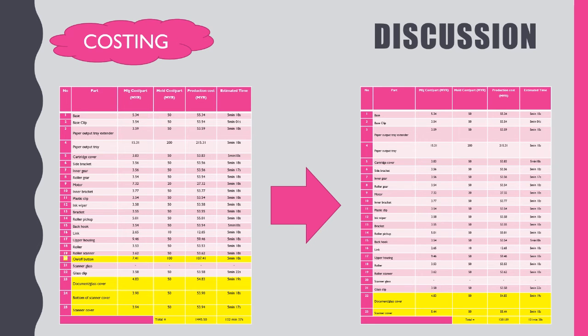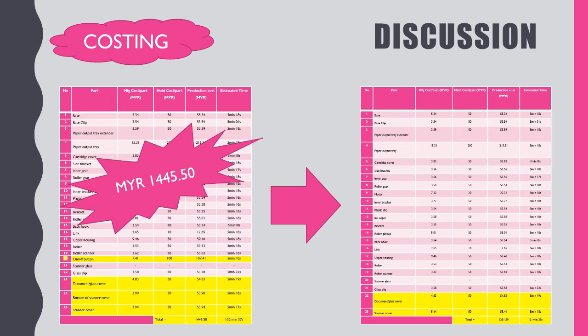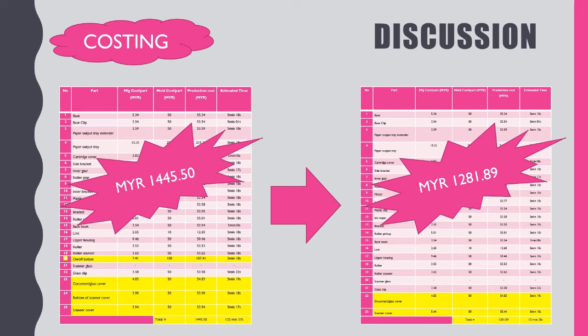And then the last one is costing. There is a huge difference before and after modification, which is from 1,445 ringgit and 50 cents, it became 1,281 ringgit.